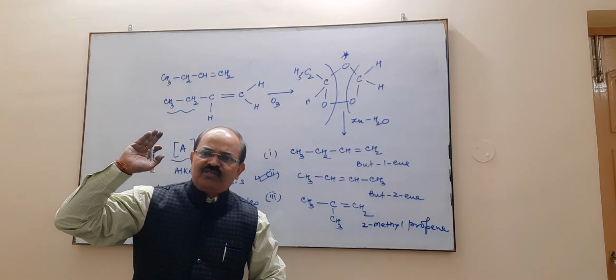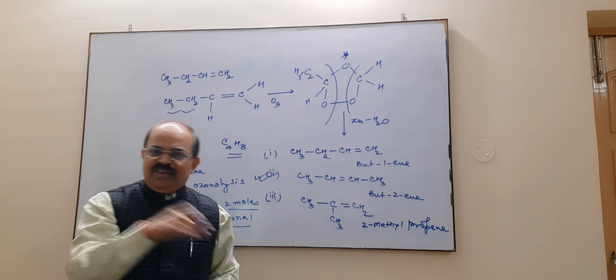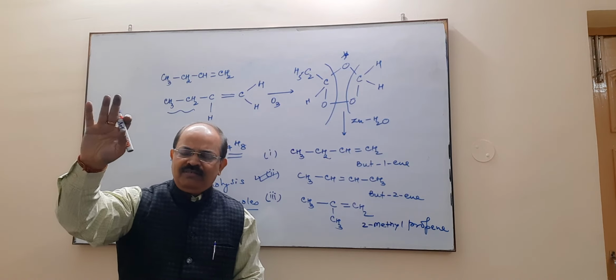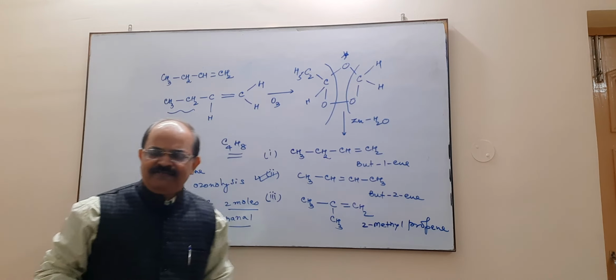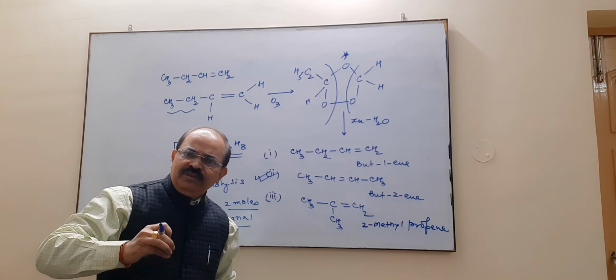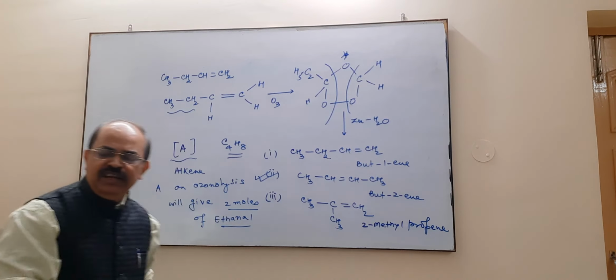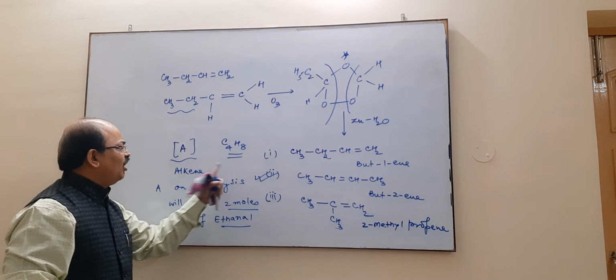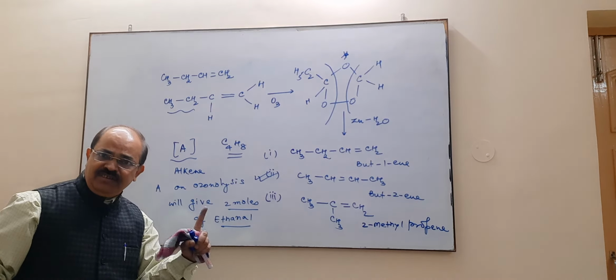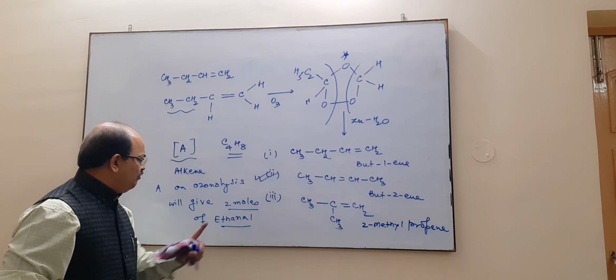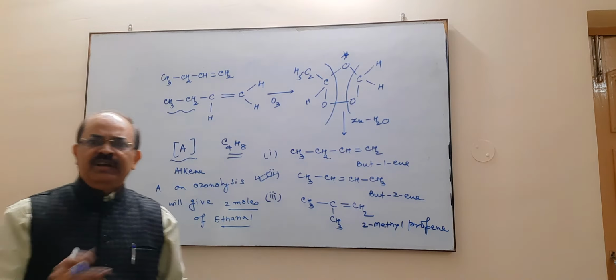That can be distinguished by measuring dipole moment, melting point or boiling point, which you may study in higher classes. But you are confirmed that among these three alkenes it is but-2-ene, which has the molecular formula C4H8, and after ozonolysis it gives 2 moles of ethanal.